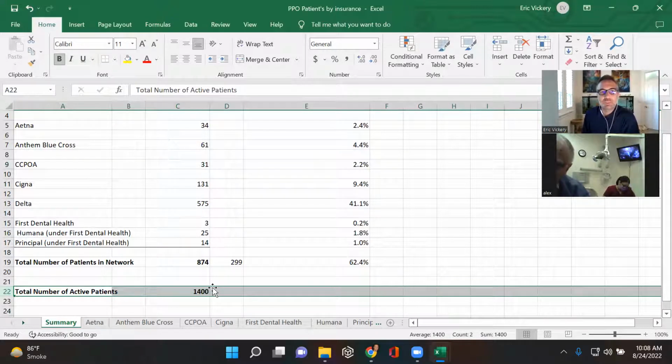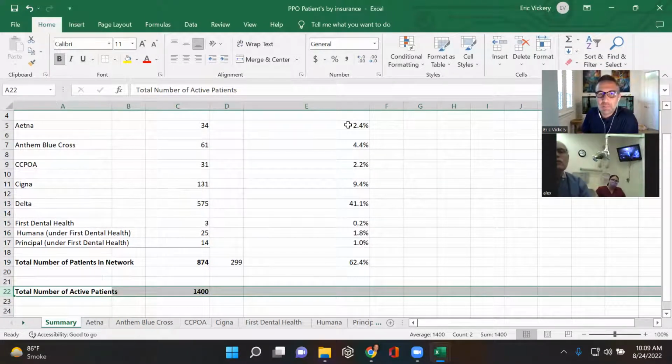If you have 1 day a week of hygiene, you have 200 active patients. If you have 2 days a week of hygiene every single week, you have 400 active patients. There's a plus or minus there depending on your perio and how frequently patients are seeing you, but we can typically figure it out. So if you had 1,300 active patients, that seems within normal limits, and I think our numbers will be right.